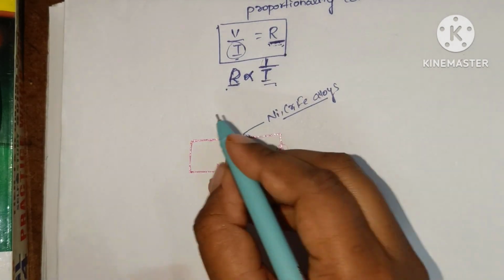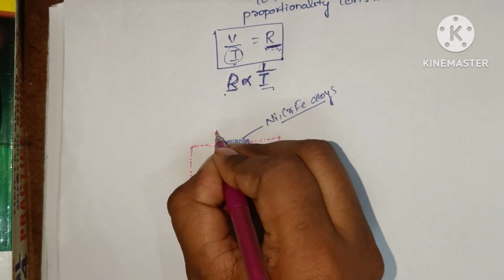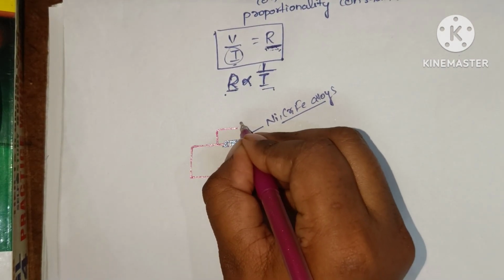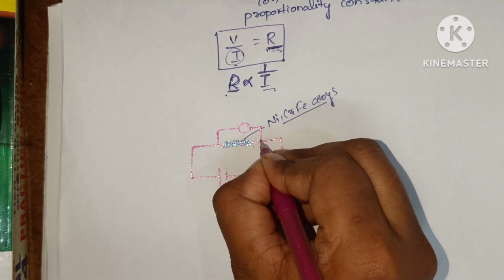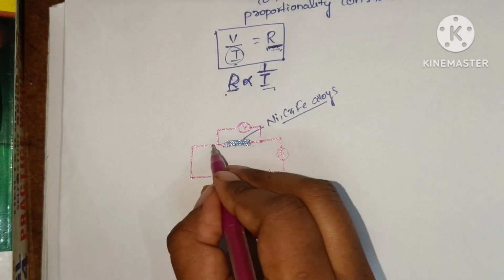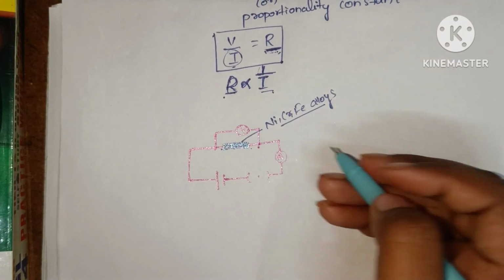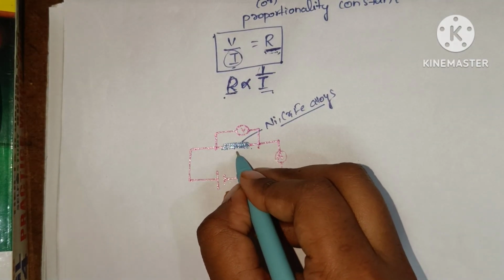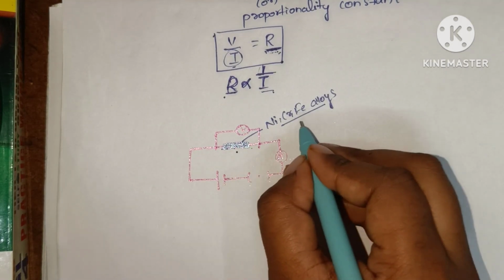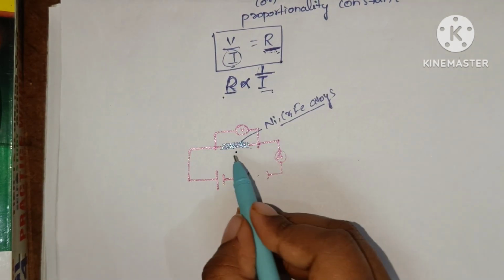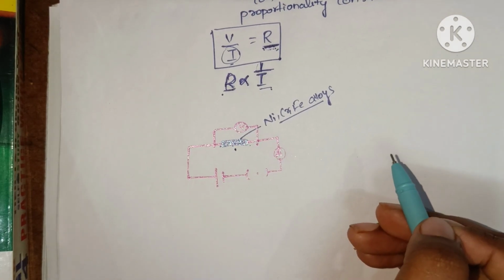Here I have to find the voltage, so I connected a voltmeter to the circuit, right? When I connected the nichrome wire, the electrons flow very slowly, because in this wire there are many impurities. Let us calculate.